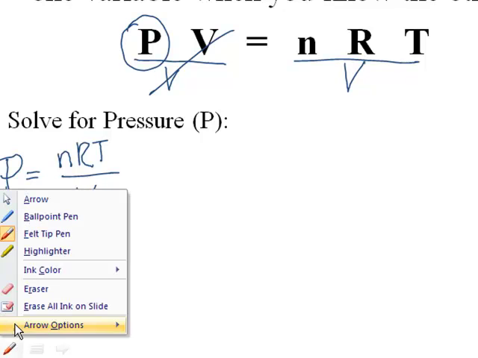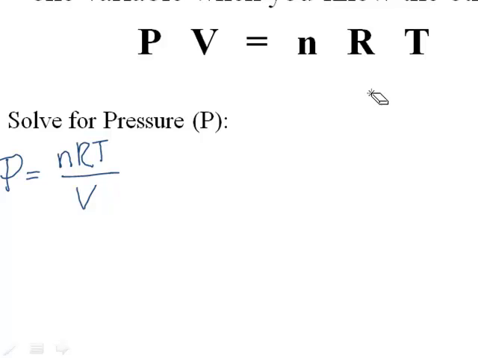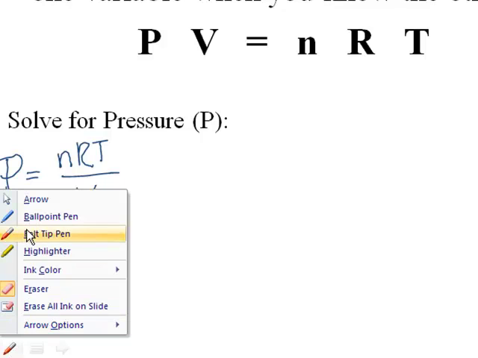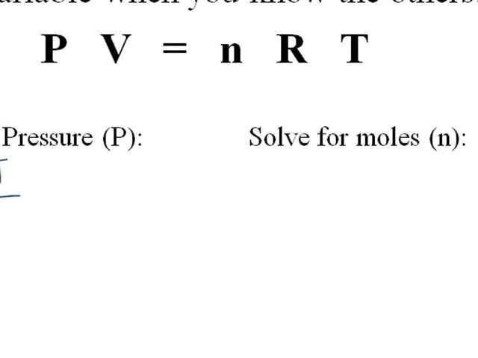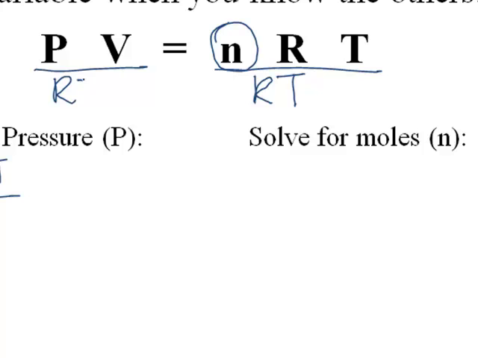If I would like to solve for something else, I can just, again, isolate my particular variable. So let's say you wanted to solve for moles. Thinking about our math, to solve for moles is really just isolating the variable N. So I want to move R and T to the other side. You can do this in one step or in two steps, but to get the R and the T off of the right side, I'm going to divide both sides by them.